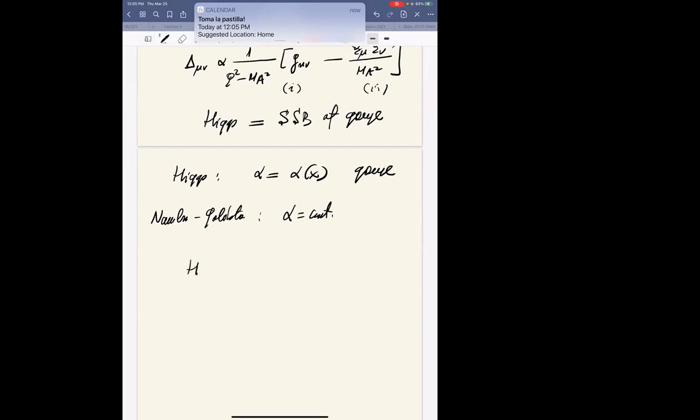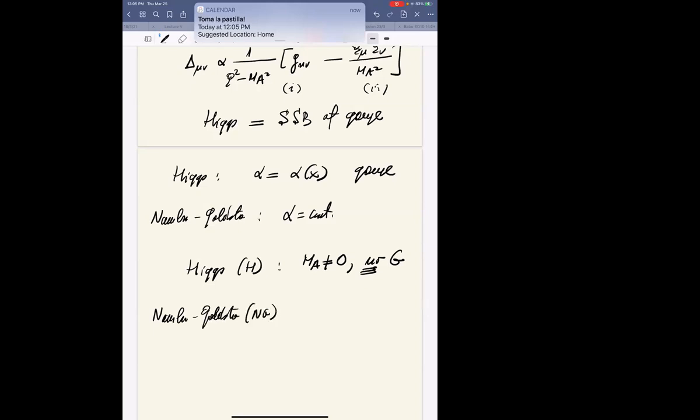In the Higgs case, I can often call it just H. What I have, a massive gauge field, but no G. In the Nambu-Goldstone, what do I have in the Nambu-Goldstone?